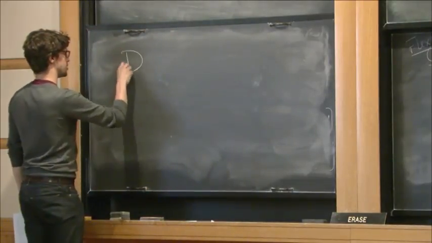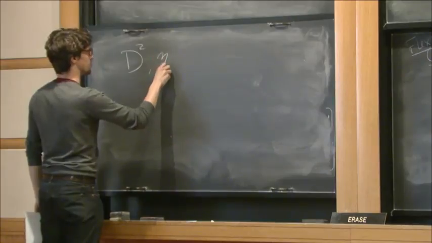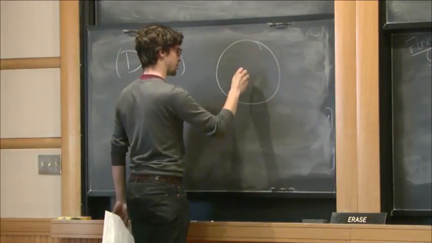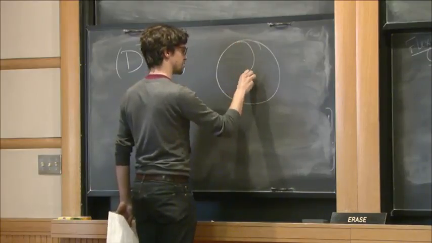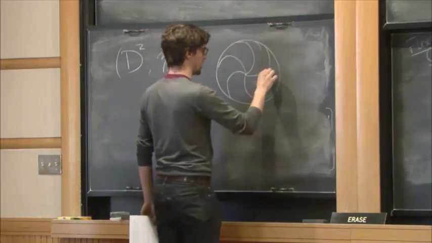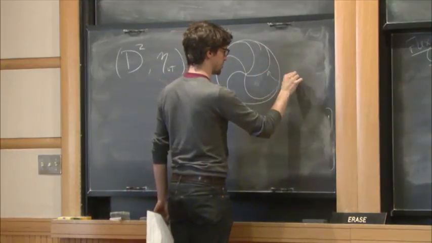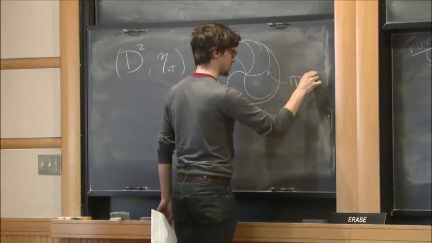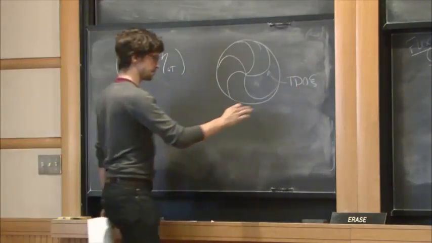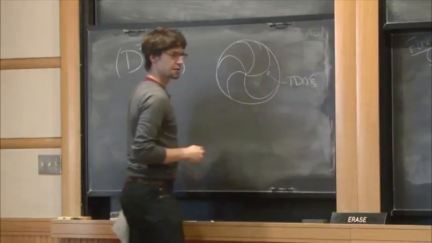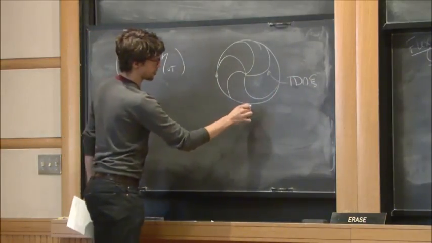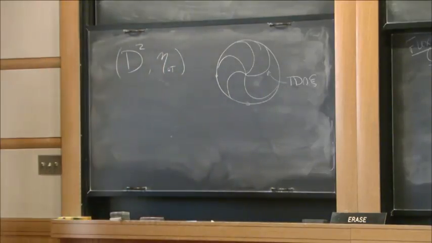So if you take D2, it looks like this, and it has the following property: I'm going to draw these lines that look kind of like this, where these lines are the intersection of the tangent spaces of the disk with the contact structure. Yeah, and it's actually tangent on the boundary.